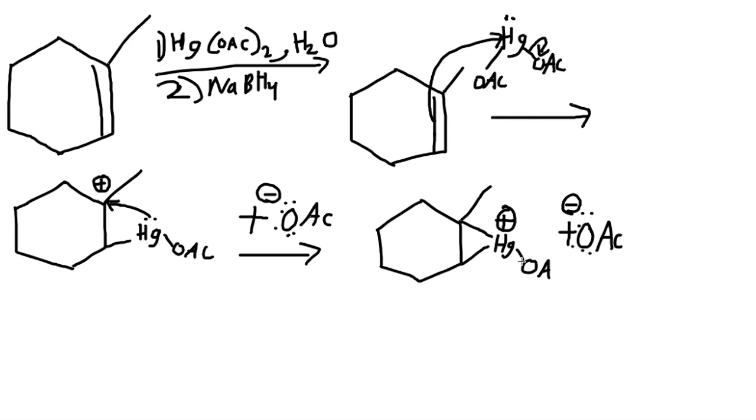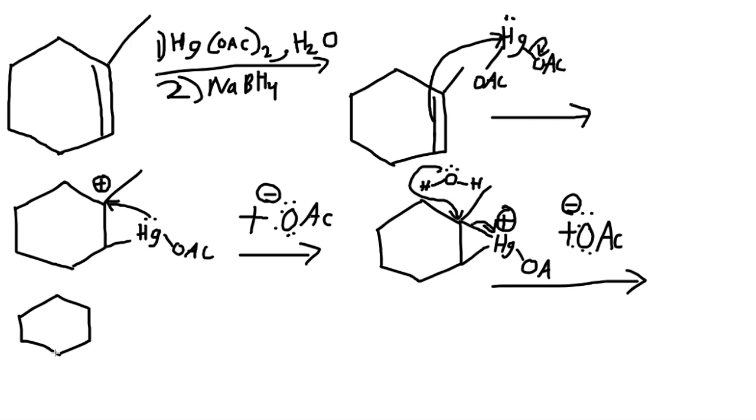So for this, we add our other reagent, which would be water. In this case, water comes in, attacks the carbon that has the most amount of substituents. So one of its lone pairs would go and attack that carbon. Well, that carbon gives off its electrons to mercury, right? So for this, we would get a reaction of this.